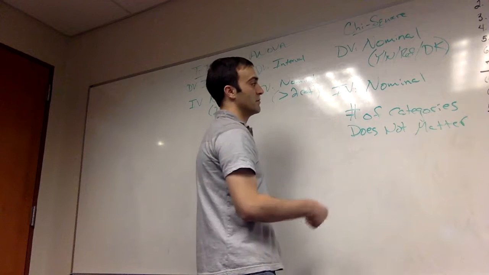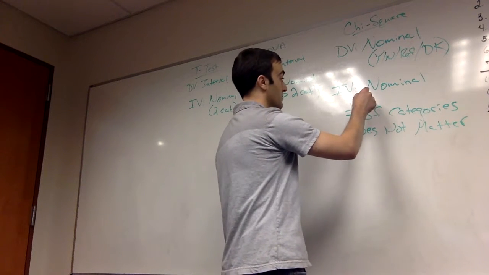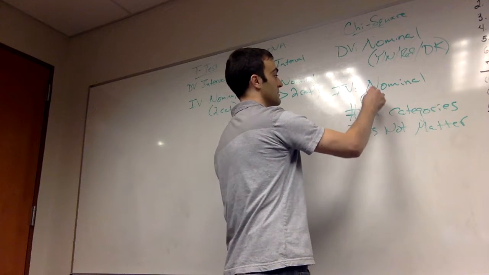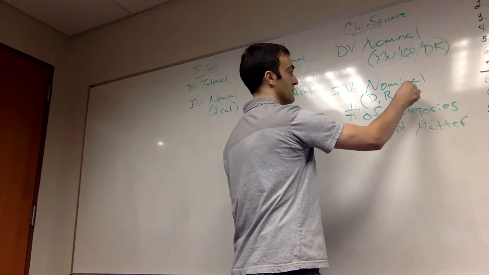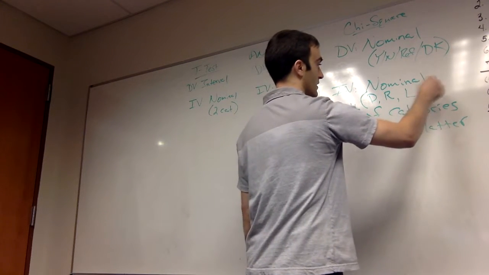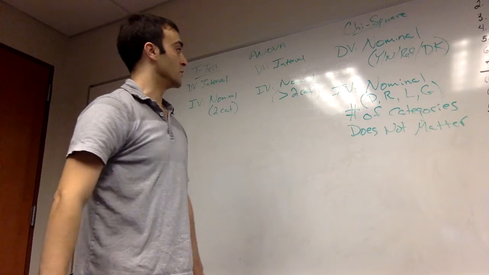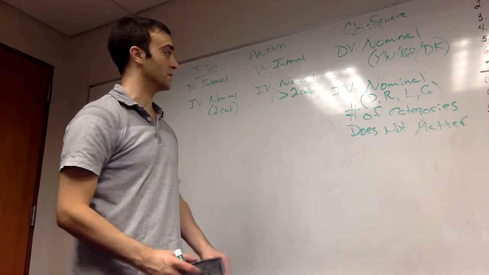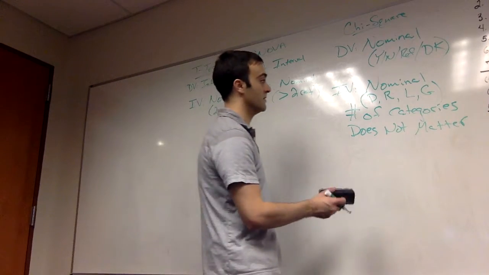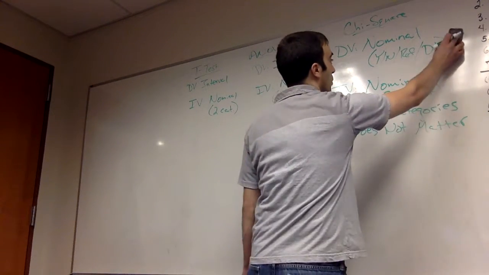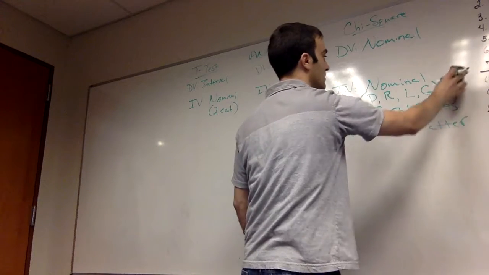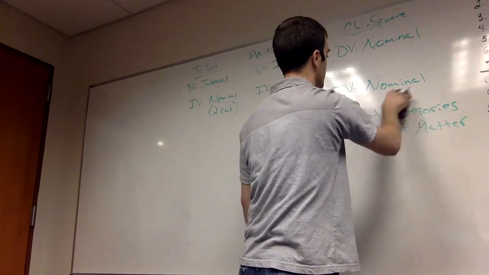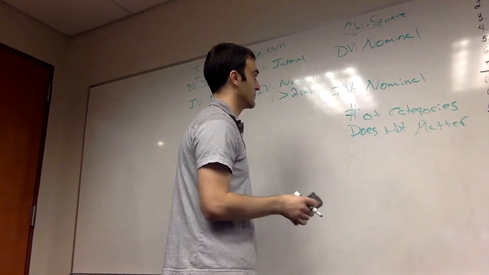For your independent variable, maybe you wanted to, again, look at party identification, and you had Democrat, Republicans, Libertarians, and Green. You have 4 categories for the dependent variable, 4 categories for the independent variable. You can certainly run a chi-square doing this. More often than not, however, your dependent variable will probably have just 2 categories and your independent variable 2 or 3.